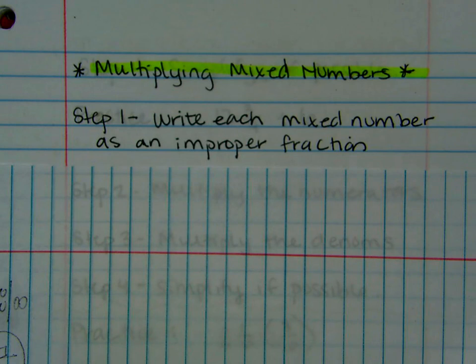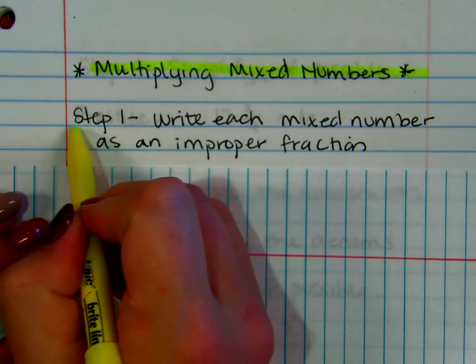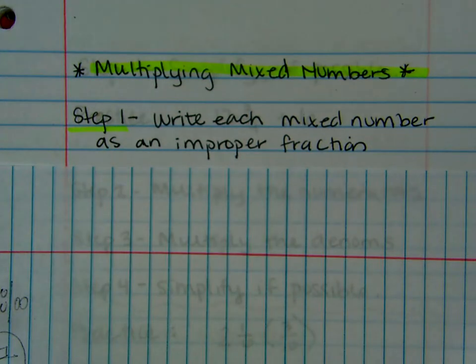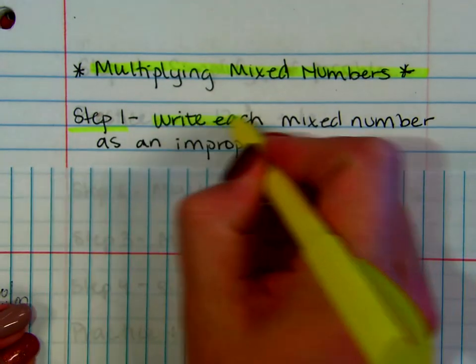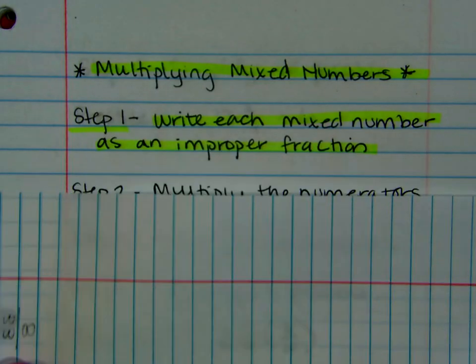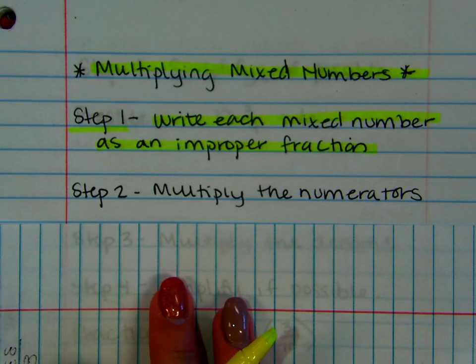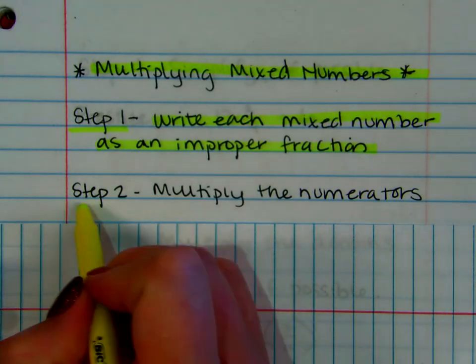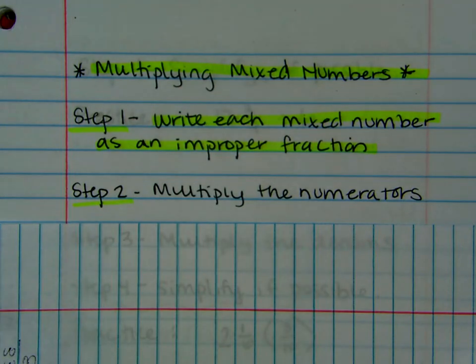Our first step when we are multiplying mixed numbers is the same as number 1 in our adding and subtracting: we are going to write each mixed number as an improper fraction. So again, you're going to see that a lot. Step 2, I'm going to multiply the numerators. That's pretty simple. Once they're in that fraction-looking form and not this whole mixed number thing, it makes our lives a lot easier.